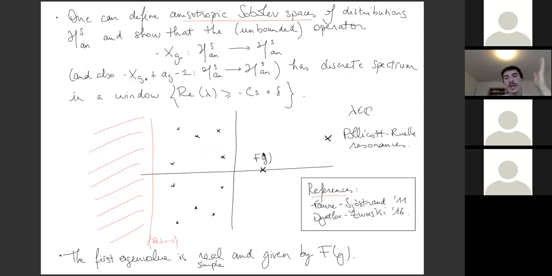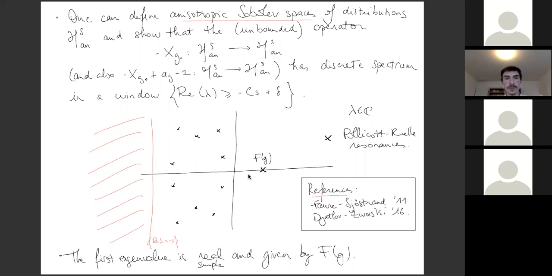In other words, what you get is a family of Hilbert spaces, indexed by a real parameter s. And as you increase your parameter s, it's a regularity parameter, you reveal more and more spectrum. It's a sort of curtain that you unfold, and as you increase s, this red curtain here is moved to the left, and at some point you uncover all the spectrum of your operator.